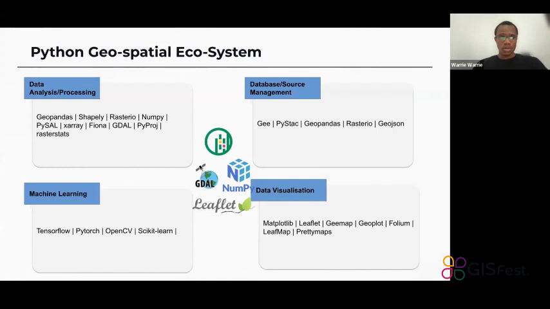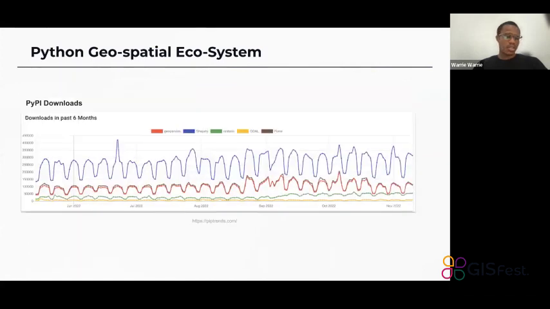Then moving on, still on the ecosystem of Python. These are the latest downloads from PyPI. PyPI is like a hub that hosts Python libraries, so this tracks the downloads of the different specialties. If you observe, Shapely is leading.